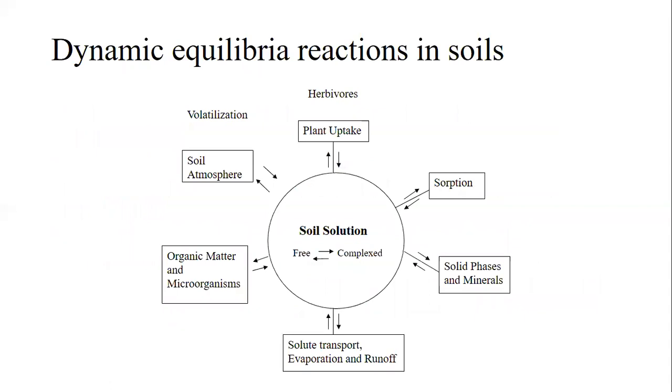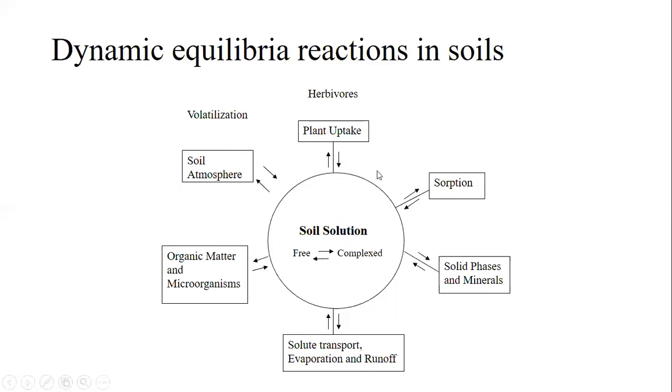Okay, this diagram really explains how the soil solution is the center of all activities. Concentrate on all that we will see in this diagram. Dynamic equilibrium reactions. What do we mean by dynamic? That means they are not constant, not static; they move, they change all the time. If you notice, between any of these rectangles the arrows go two ways, into the solution and out of the solution.